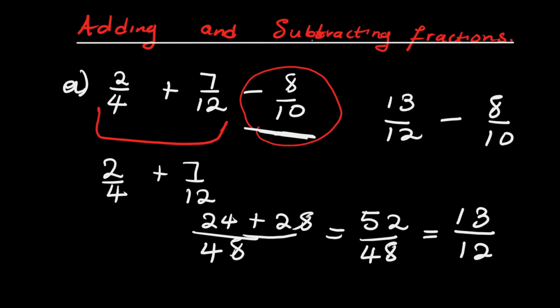Since our denominators are not the same, we'll have to multiply them. 12 times 10 is 120. Then 13 multiplied by 10 is 130, minus 12 times 8, which is 96.